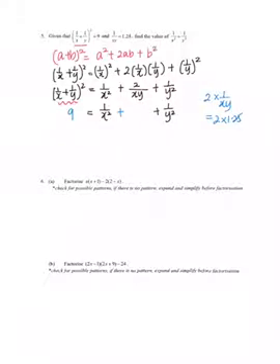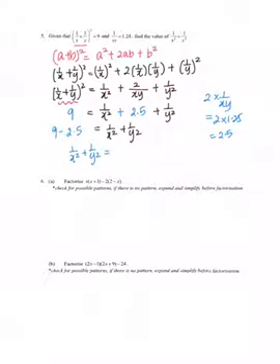That gives us 2.5. So we need to find the value of 1 over x squared plus 1 over y squared, and the answer will be 9 minus 2.5. That gives me 6.5.